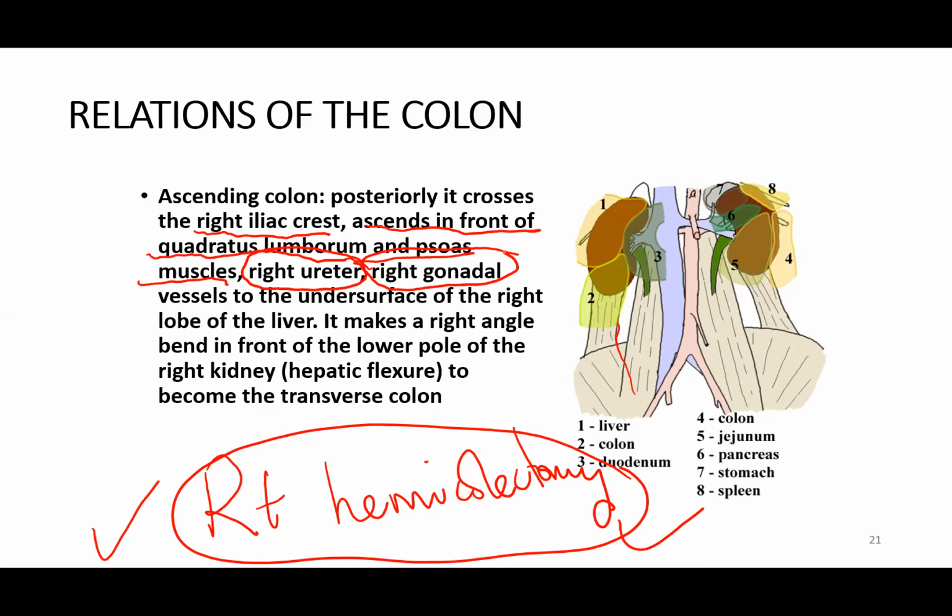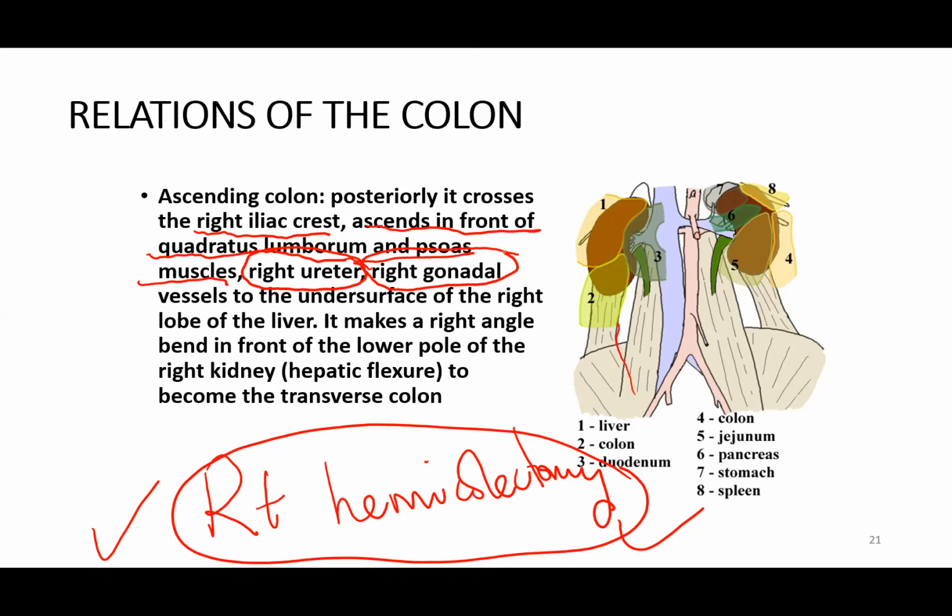So you must know that this ureter is posteriorly related to this ascending colon as well as the descending colon. Okay, it makes a right angle bend in front of the lower pole of the right kidney at the hepatic flexure to become the transverse colon.